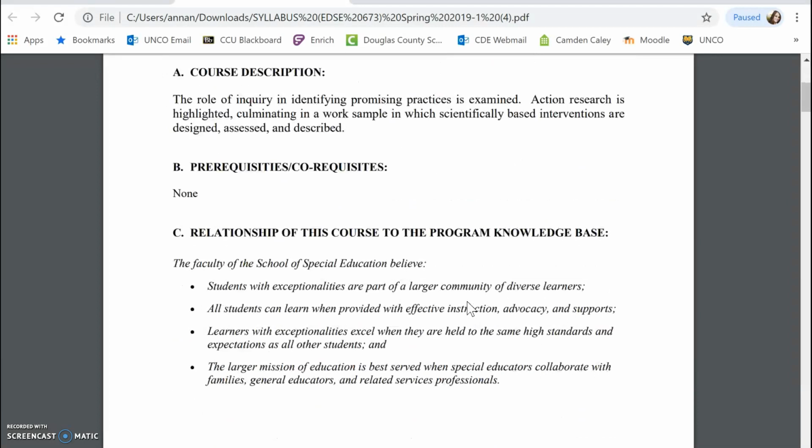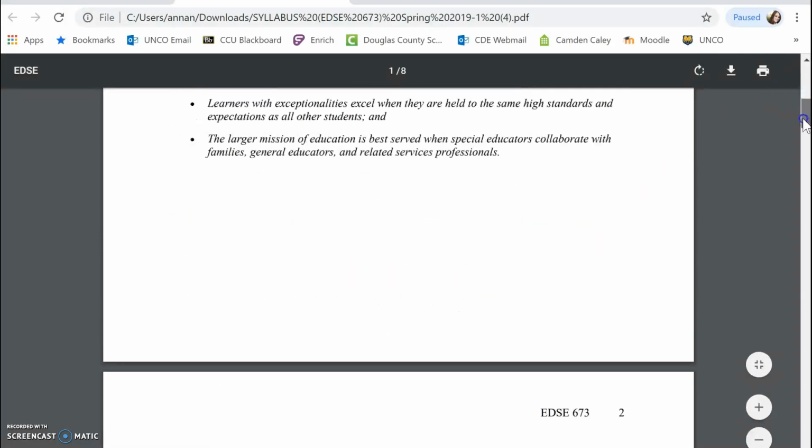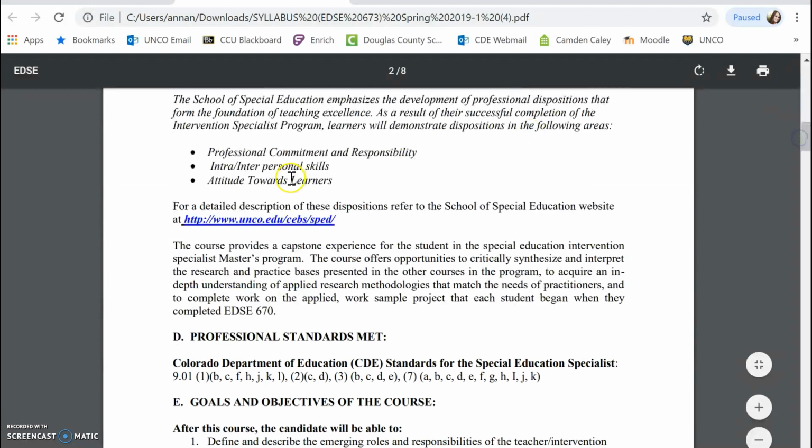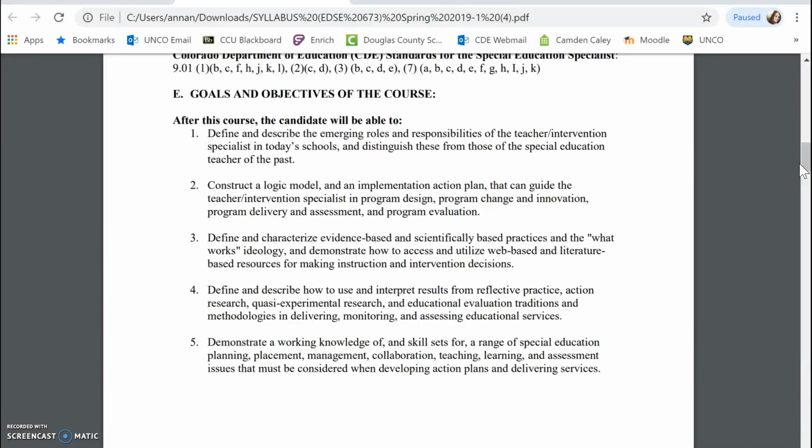Here in the syllabus, you'll see the description of the course and the relationship of the course to the program knowledge base. So this will tie together all of the main ideas here at University of Northern Colorado. You can see detailed descriptions here and additional information about the professional standards met and the goals and objectives of the course. Here again, you'll see we're really looking for logic model, action plan.